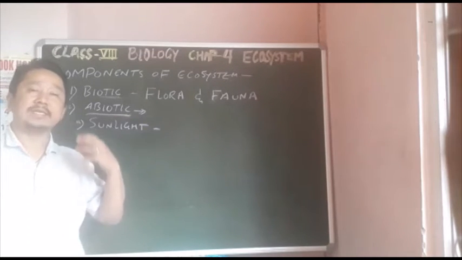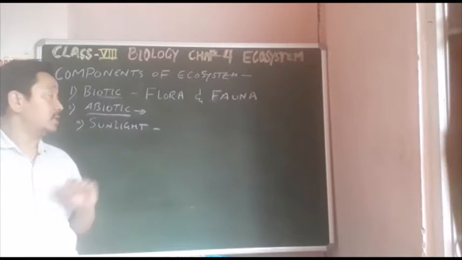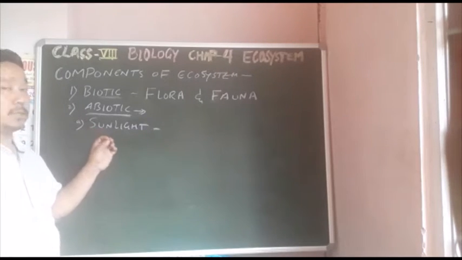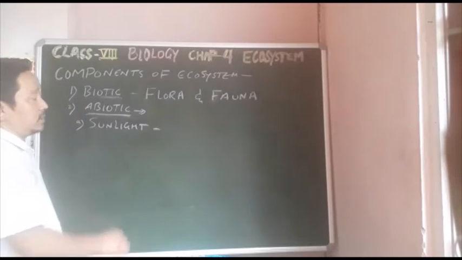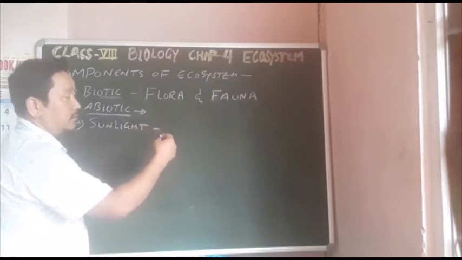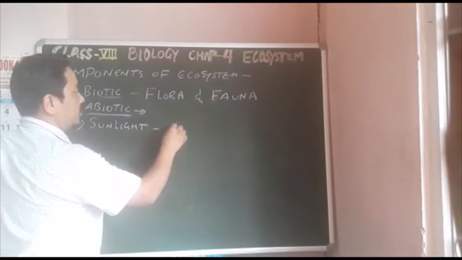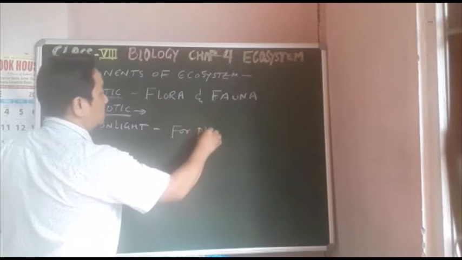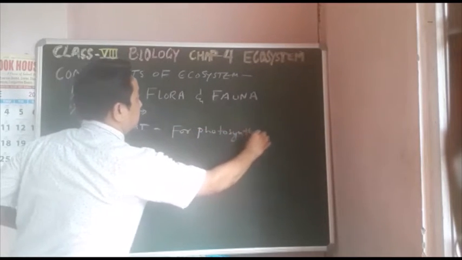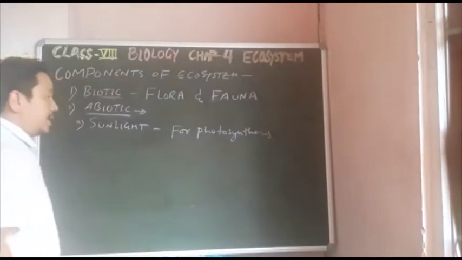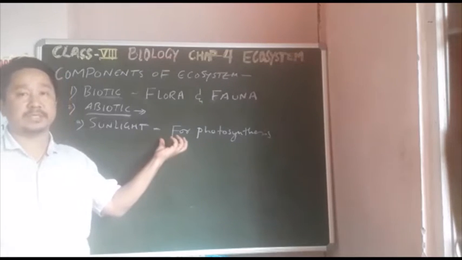So what is the main role of sunlight in an ecosystem? The main role or importance of sunlight in any ecosystem is for photosynthesis for plants. Sunlight is a very important component for photosynthesis for plants.